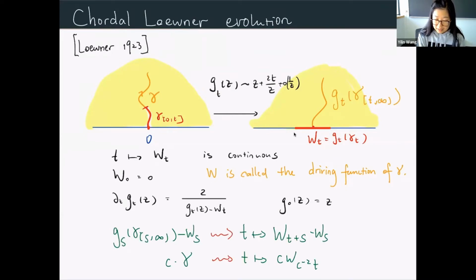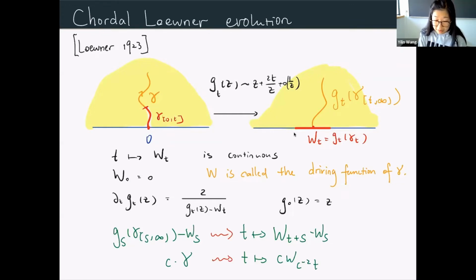And if we look at g_t as a function of t, then it will satisfy this differential equation with a starting initial condition g_0(z) equals z. And it also has the following property. If I stop at time s and look at this orange curve, the image under g_s of the future of gamma, its driving function is simply the increment of the original driving function.